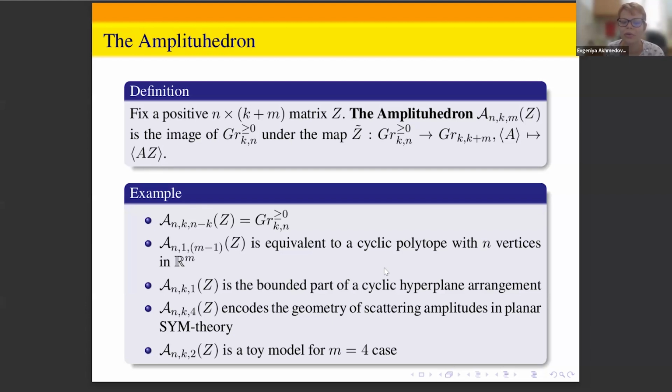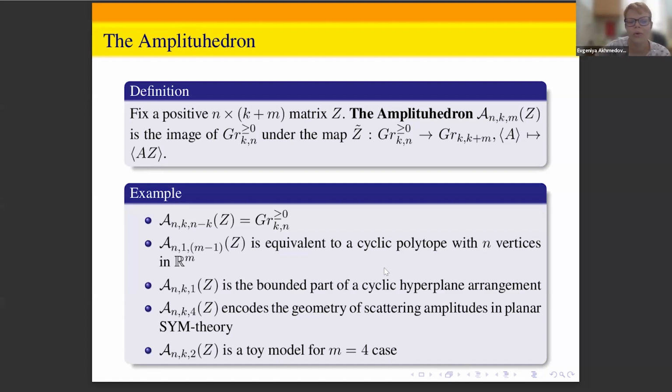What we were focusing mostly on was the m equal 2 case, as just a simpler geometry than m equal 4 and more well studied, and I think a lot of people in this room have some results concerning it.